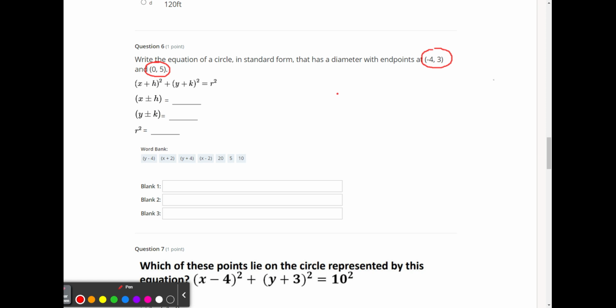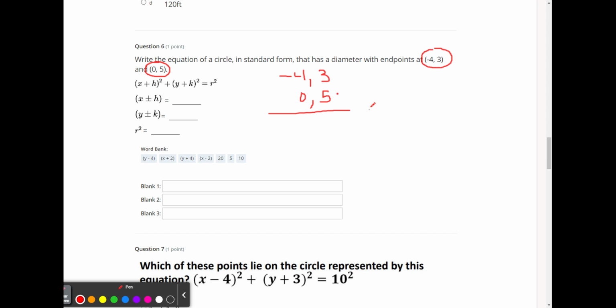You want to label both of those, right? I need to find the midpoint. So how do I find the midpoint between 0,5 and -4,3?